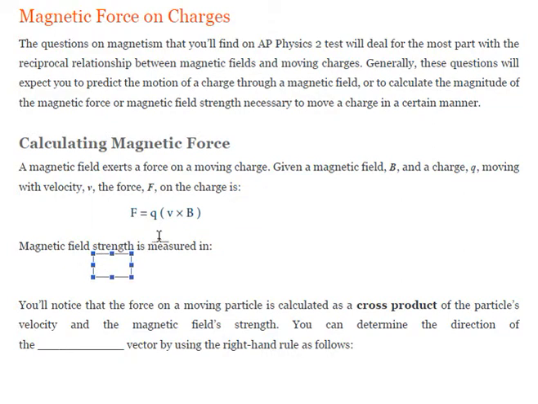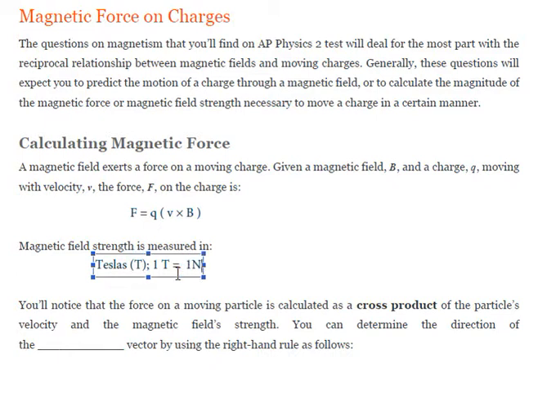Magnetic field strength, when you do Q V cross B, or sorry, that would be the force. The magnetic field, just the B magnetic field, is measured in Teslas. You can shorten that to capital T. So 1 Tesla is going to be equal to, well, if we solve this for B, we would have newtons divided by coulombs times meters per second. Let's work that out.